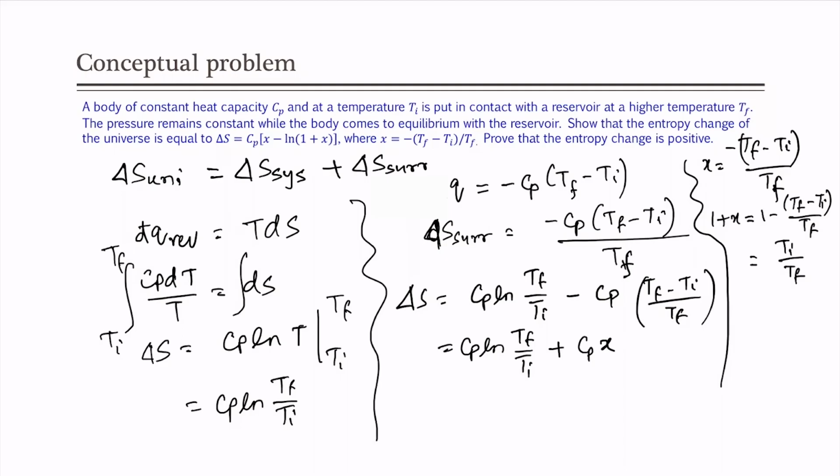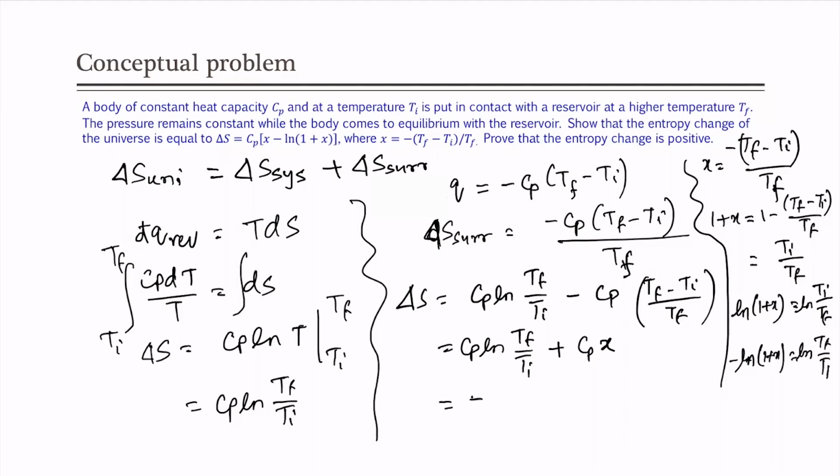Now, ln of 1 plus x will be ln of Ti by Tf. Okay. Now, for ln you know that if I take a negative sign, it will be just the opposite. So, minus ln of 1 plus x is ln of Tf by Ti, which is here.